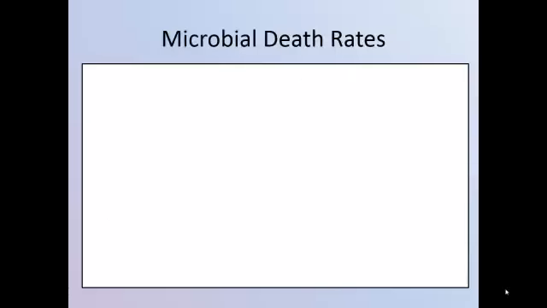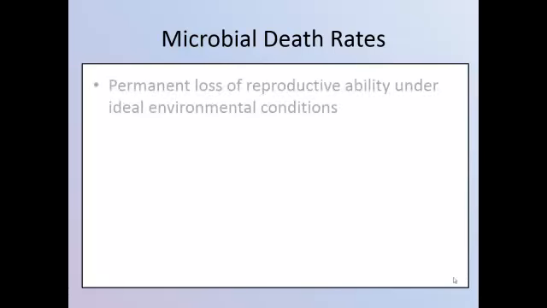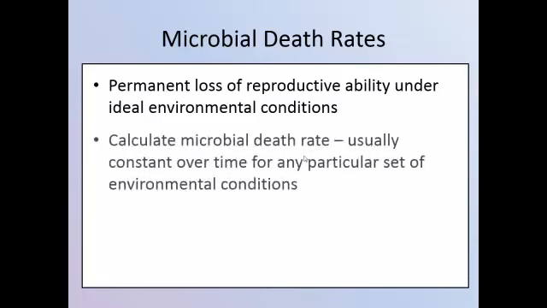Now that we've talked about some of the terminology, let's talk about what we're trying to kill, what we're trying to control. What we're looking for with microbial death is the permanent loss of reproductive ability under ideal environmental conditions. So if they can't reproduce, they're not going to make more, they're effectively dead. When we're calculating the microbial death rate, usually we have a constant over time of any particular set of environmental conditions.